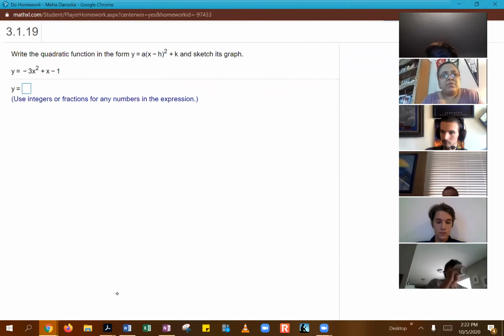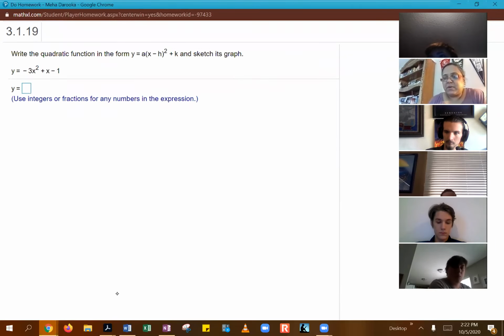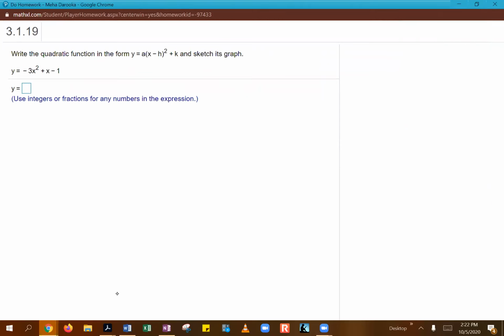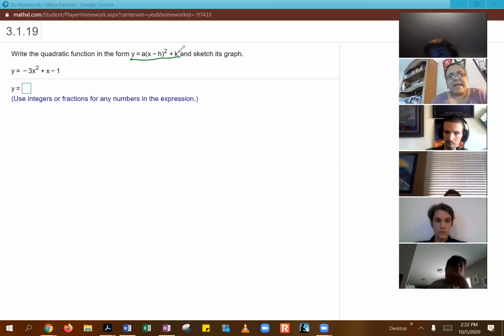And so let's walk through the steps, take a look at how you can rewrite this equation from the standard form into the transformation. So remember, the transformation form is where we will be rewriting this in the y equals a parentheses x minus h squared plus k.